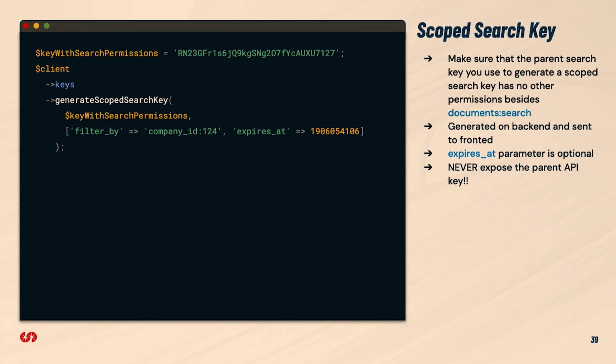For example, filter by a field called company ID when the value is 124, and you can also set that the key will expire at some time. And so you can share this key on the web without any problem.